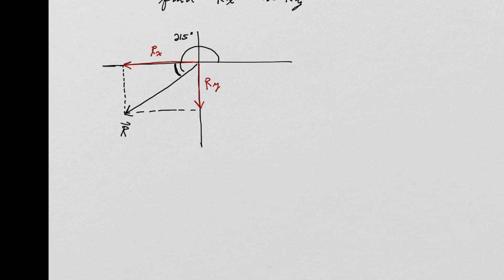Well, if it's 215 all the way to here, then if I subtract 180, that should give me the reference angle. So for the reference angle, I'm going to find it just by taking 215 minus 180, and that turns out to be 35 degrees. So this angle right there is 35 degrees.